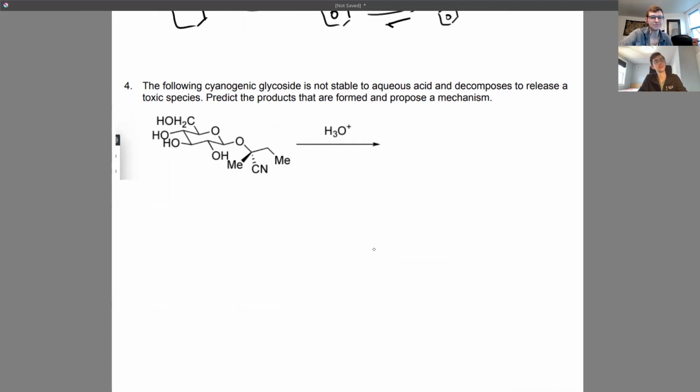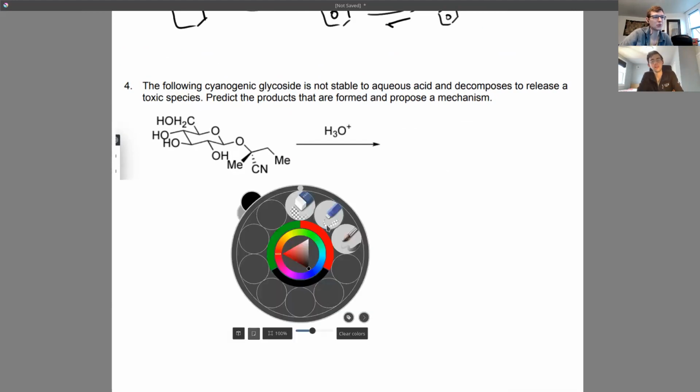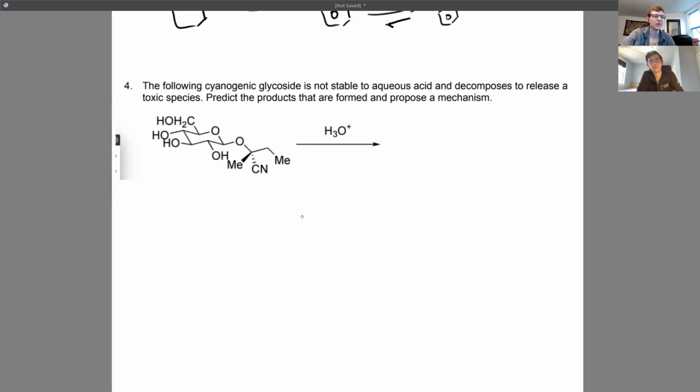The only thing that you need to know to do this problem, which I'll point out to you, is that if you look at this carbon, this is an acetal, right? Because it's connected to 2 oxygens. So, what happens? Acetals are unstable and they're just going to form the carboxylic acid.